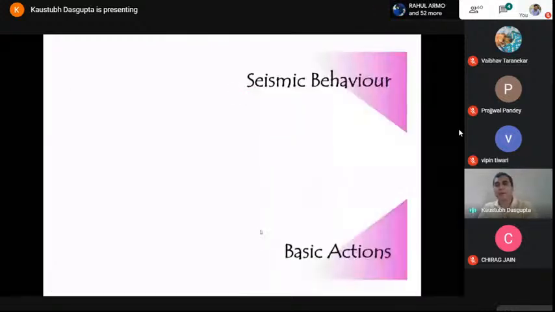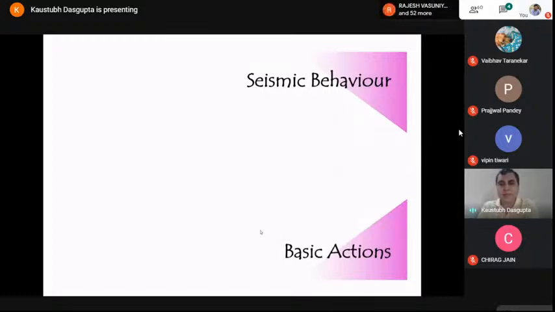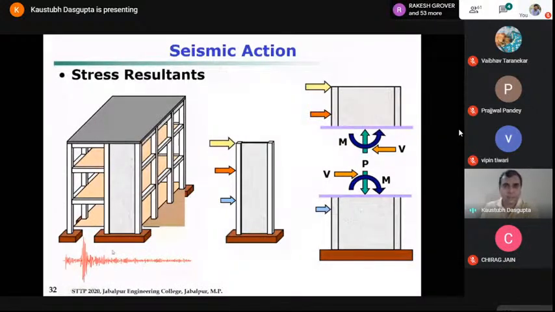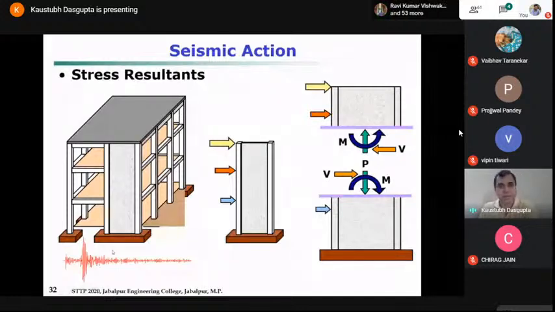Having gone past the different modes of failure that we had observed, let us look at the basic actions, the basic behavior part. As we had seen earlier, ground deformation gets translated into lateral forces in the form of inertia forces during shaking, and those lateral forces are transferred to the walls.